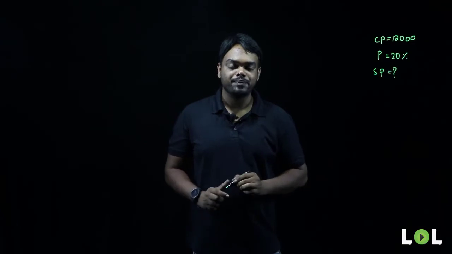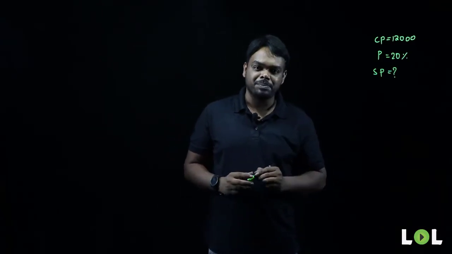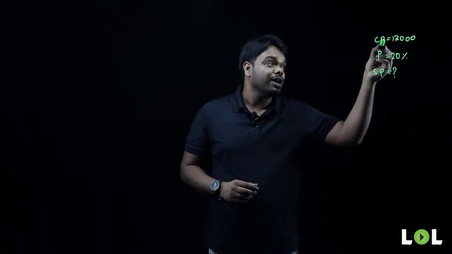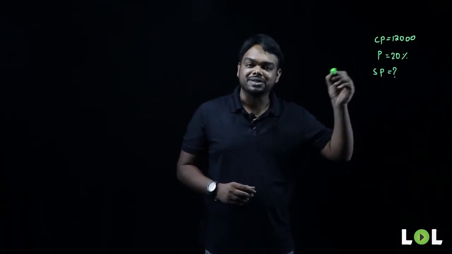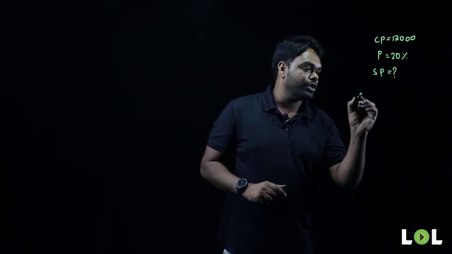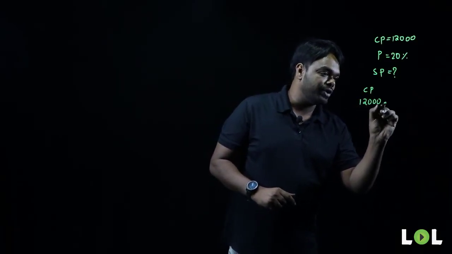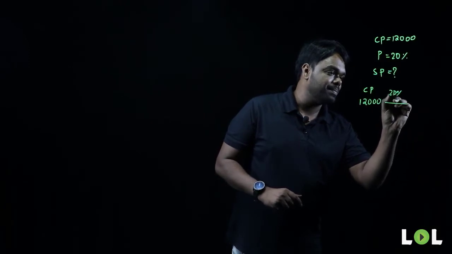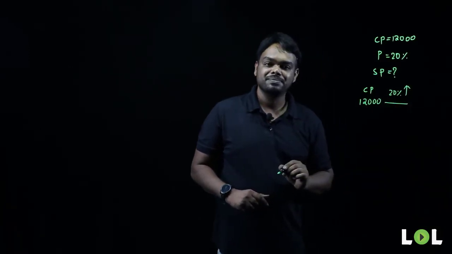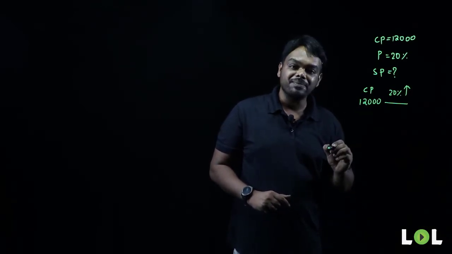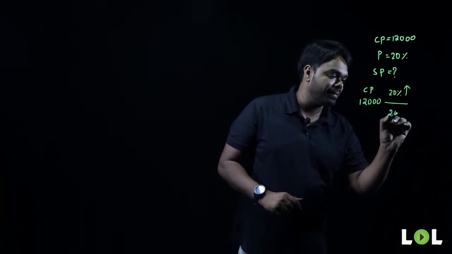Now think about it. You want a 20% profit, so what will you do? You just increase your cost price by 20% and sell it. You know your cost price is 12,000. You want a profit of 20%, so you will increase it by 20%. 10% of it is 1200 and 20% will be 2400.